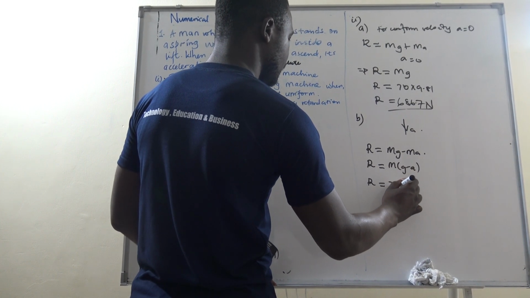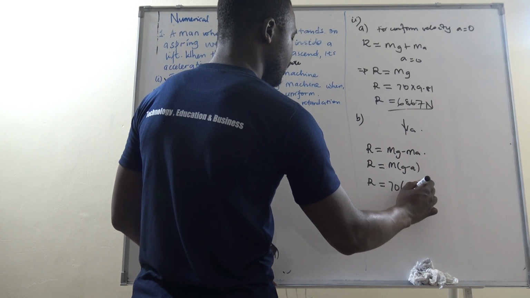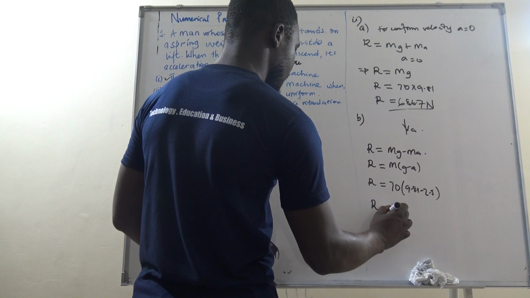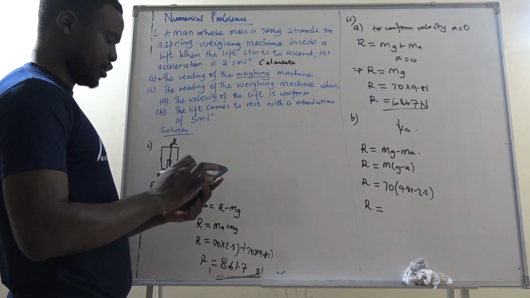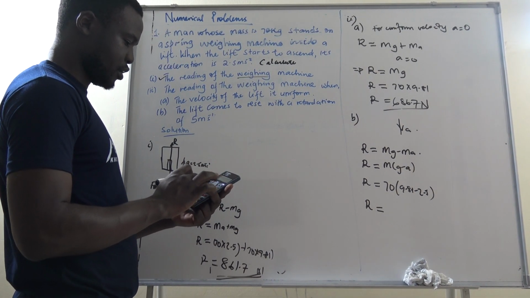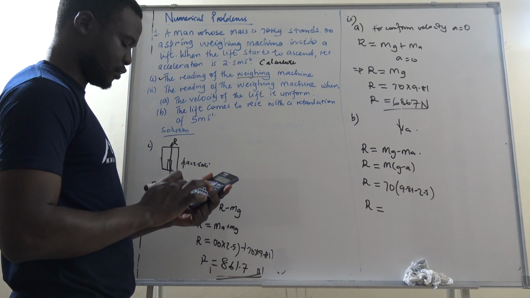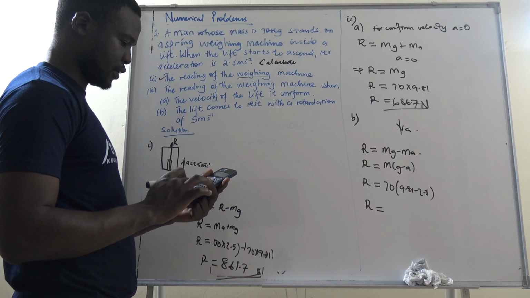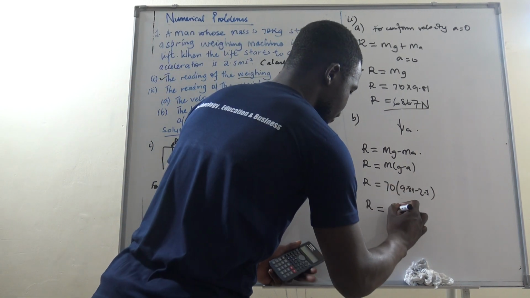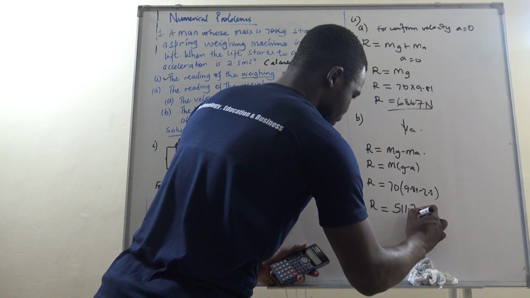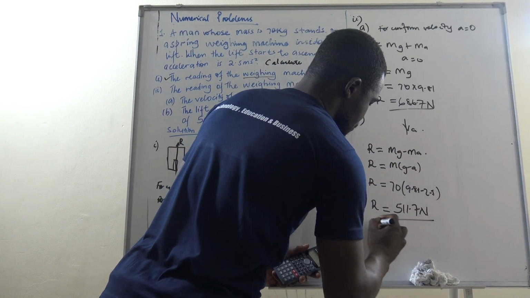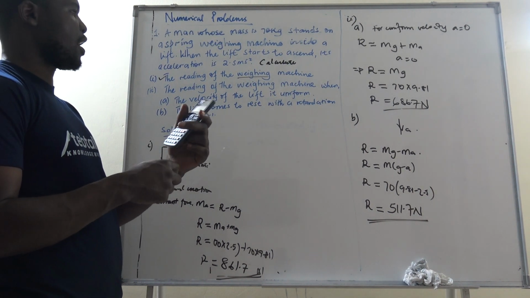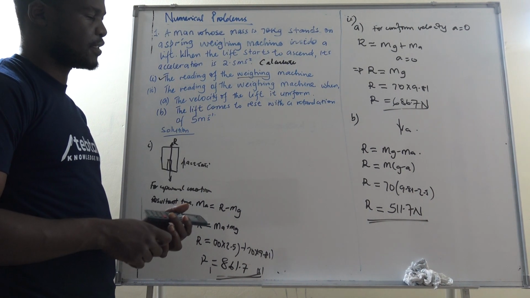Therefore, R is equal to 70 into 9.81 minus 2.5. Computing 70 into 9.81 minus 2.5 gives me 511.7 newtons. So we have answered our question successfully.